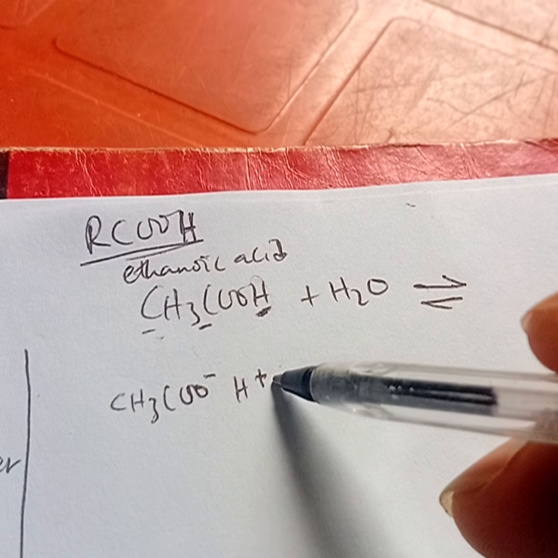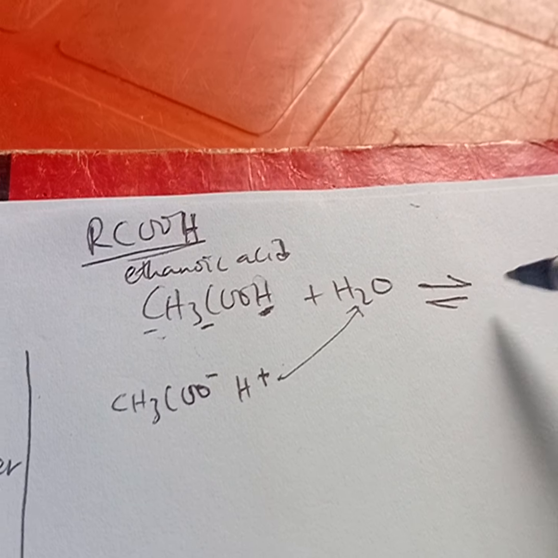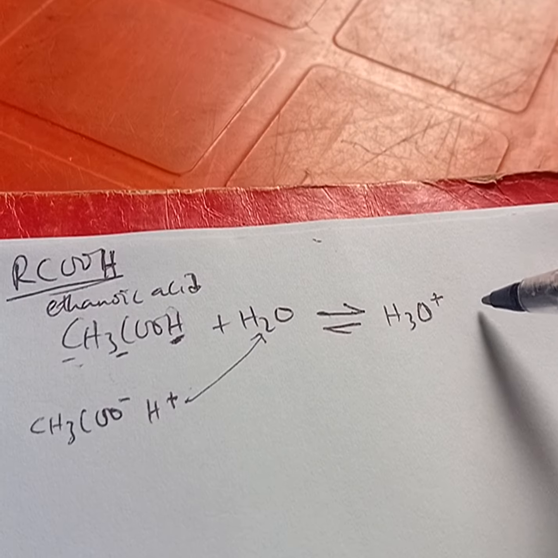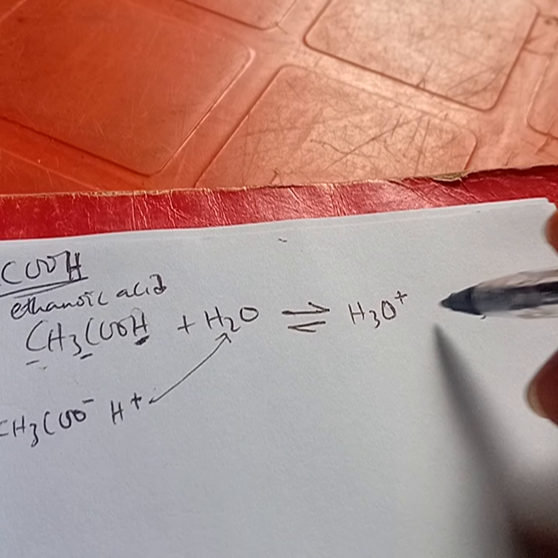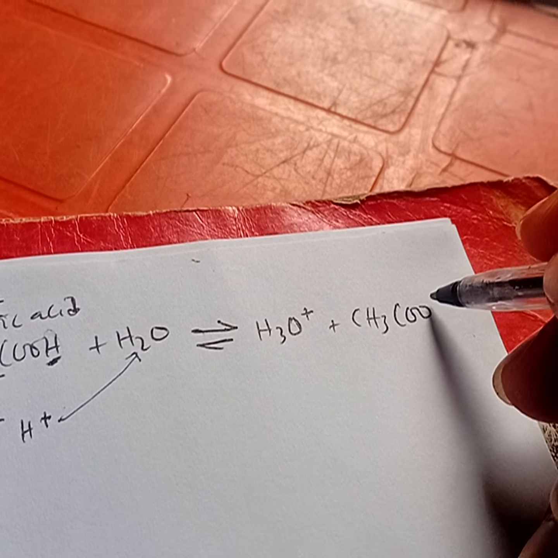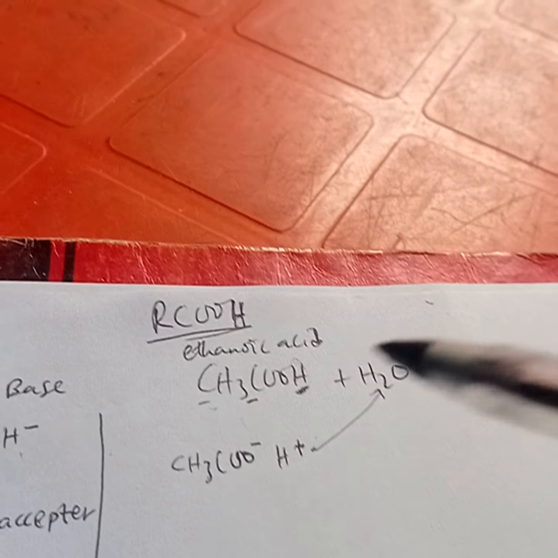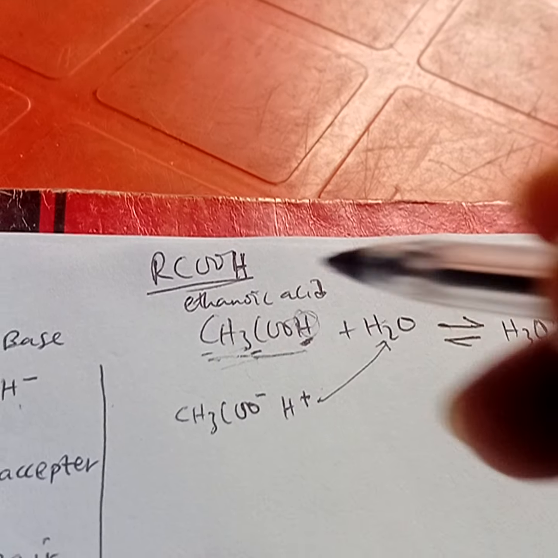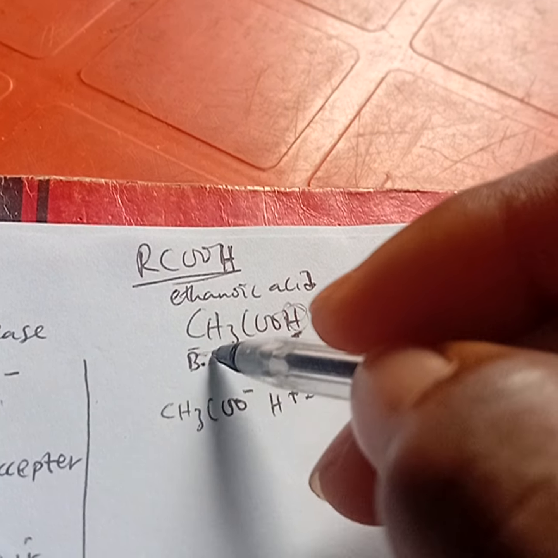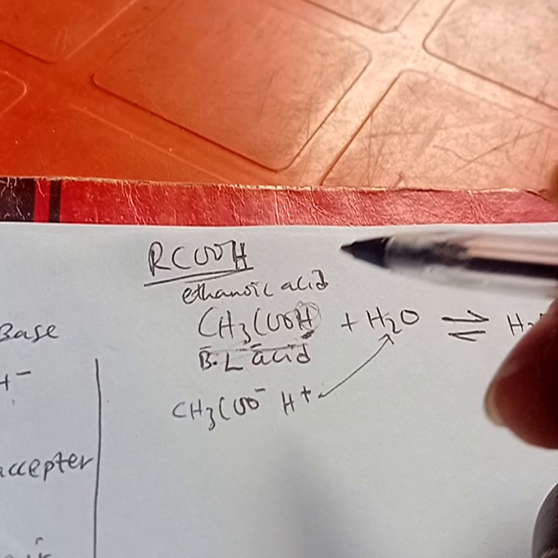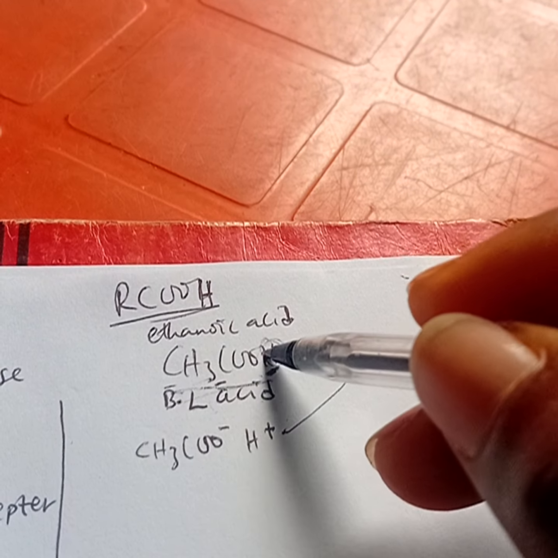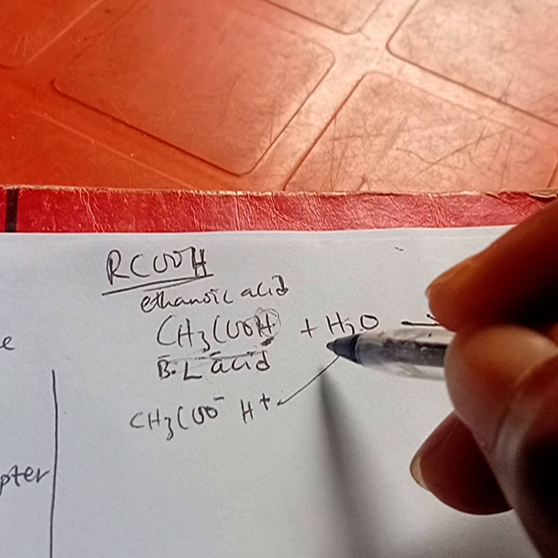When the H plus goes here, it becomes H3O plus, leaving CH3COO minus. Because this was able to donate H plus, a proton, to this, then this is what? Bronsted-Lowry acid.